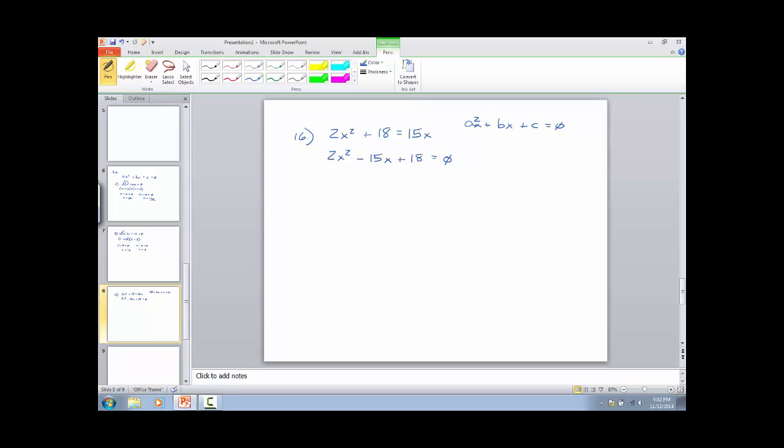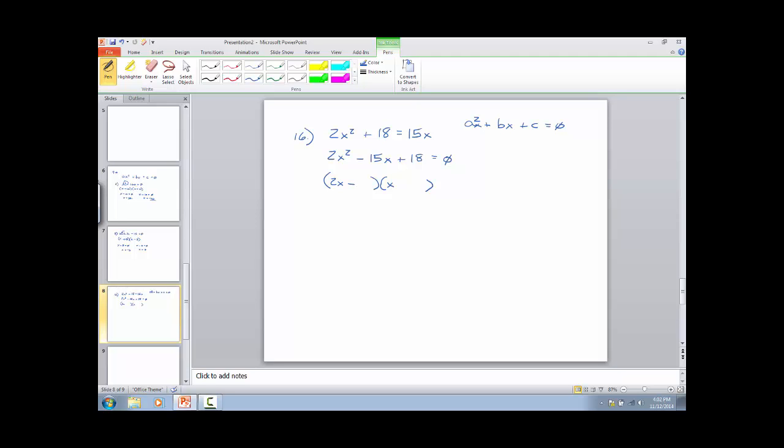Okay, this becomes a little bit harder to factor. We have 2x and we have x. Now let's see, factors of 18 are 3 and 6, 2 and 9, 1 and 18. We have to somehow add up to 15.